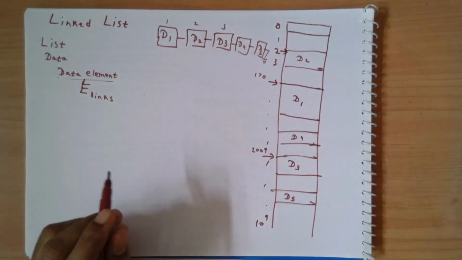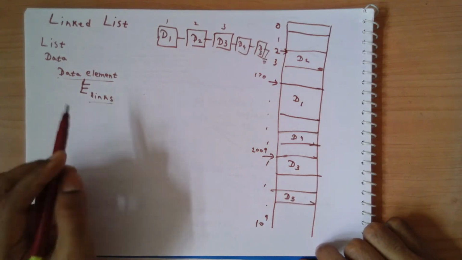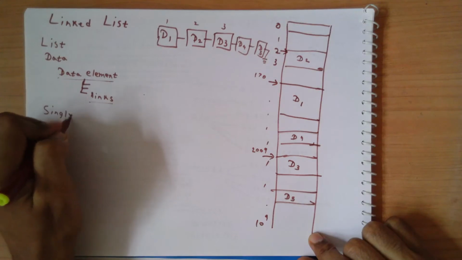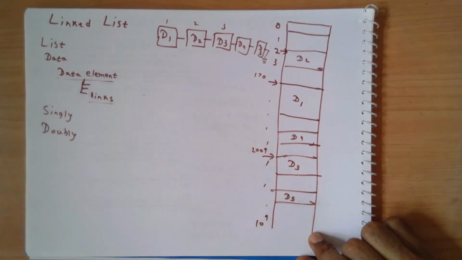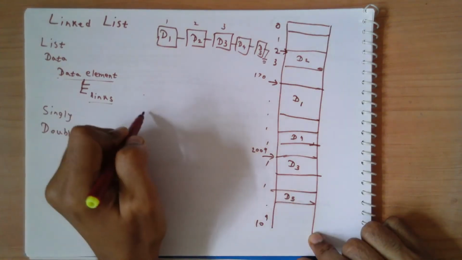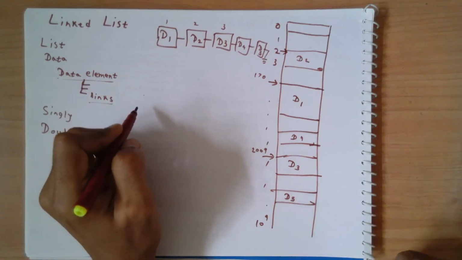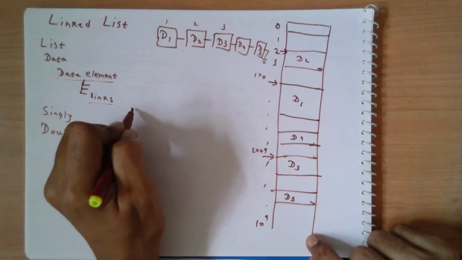So depending on how many links you keep track of, you might have a singly linked list, or you might have a doubly linked list. Okay. So in case of a singly linked list, you keep track of only one element. It could be always the next element, or it could be always the previous element. So let's draw a list where we keep track of only the next element.